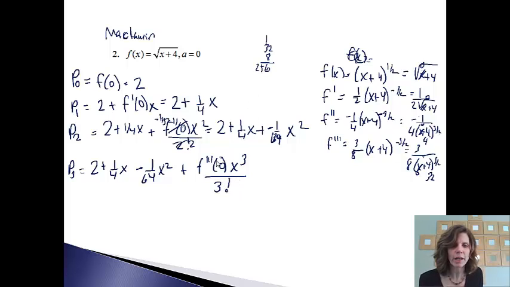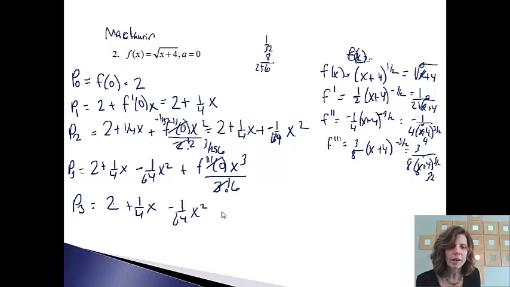So I'm going to have 3 over 256 for that one. And then I'm going to divide it by 3 factorial, which is actually 6. So 3 over 256, and then divided by 6, that's actually going to be 1/512th. So my third order polynomial is going to be 2 plus 1/4 x minus 1/64 x squared, and then plus 1 over 512 x cubed.